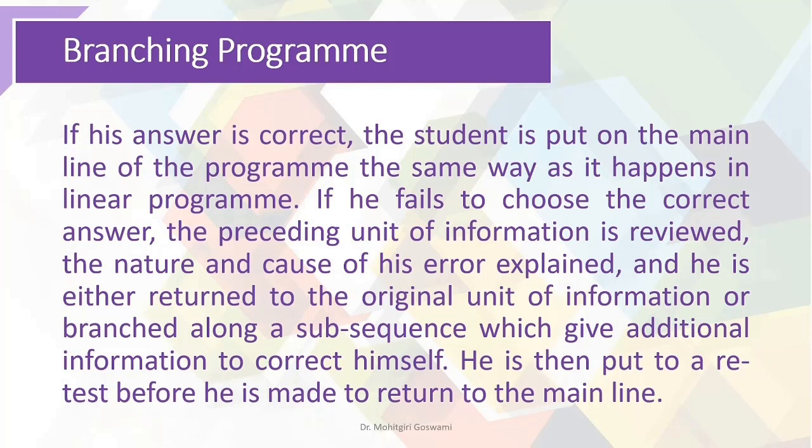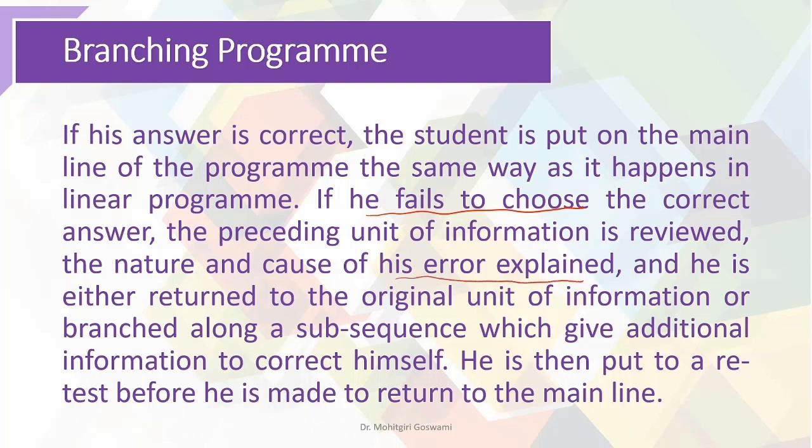So here the branching program is different from the linear program. If the student fails to choose the correct answer, then he will be redirected to subframes to correct his error.